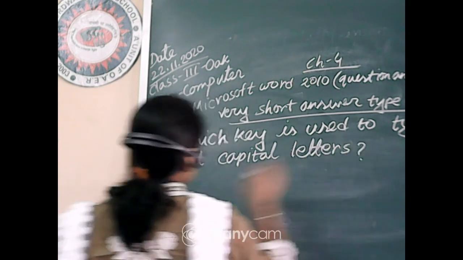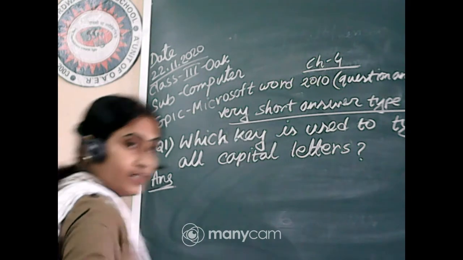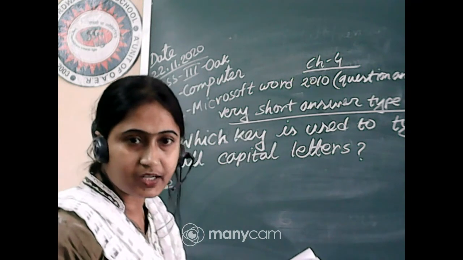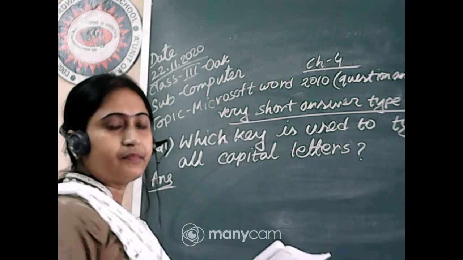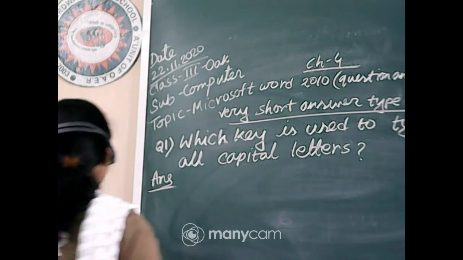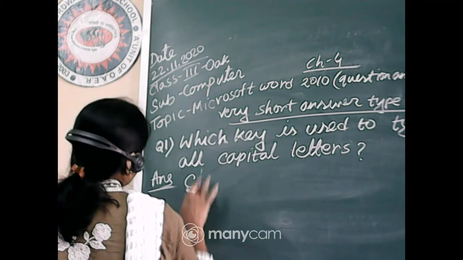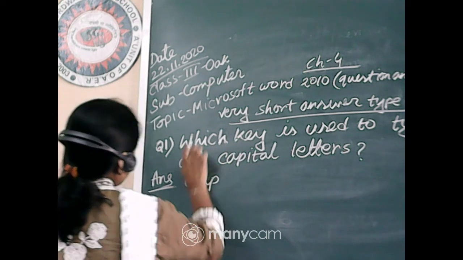Do you know the answer? Yes, very good, Daksha. Reply to me, others also. Caps lock key. Write down the answer: Caps lock key. C should be in capital letter.